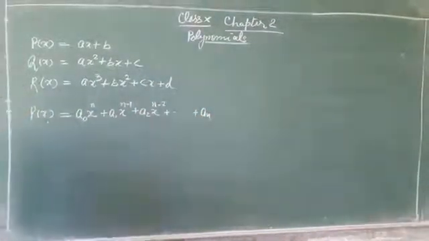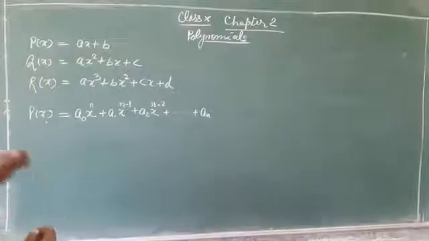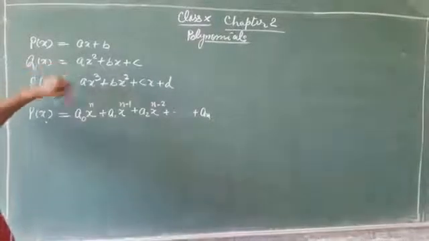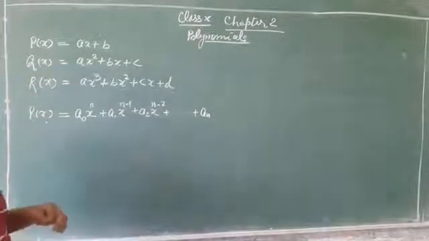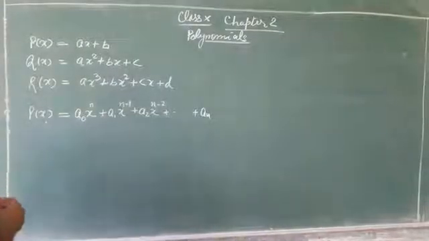So this arrangement is called a polynomial. So we can say that a polynomial is an arrangement of variables with constants, written with the help of algebraic operations.